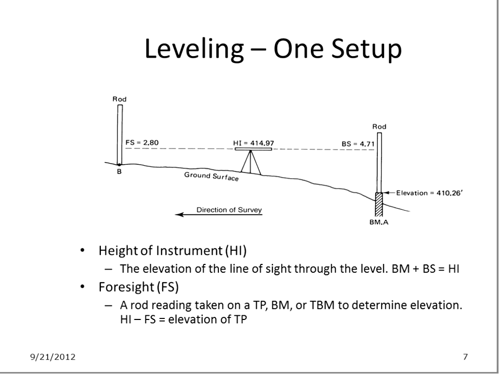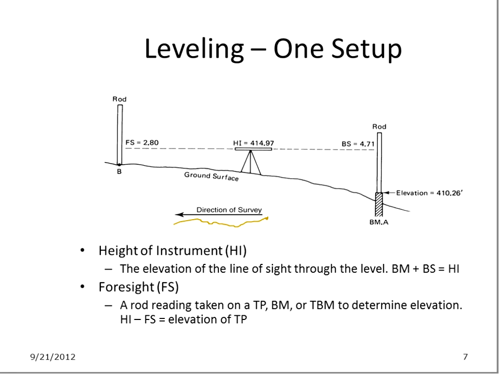So here's what this looks like for a single setup. Okay. So we have our direction of survey. That's important. It doesn't matter which direction you head, but once you head in a direction, you must continue in that direction. So it's important to know which way you're going.